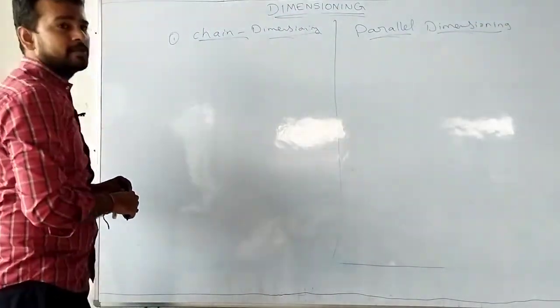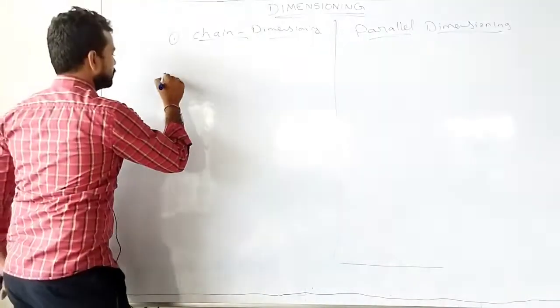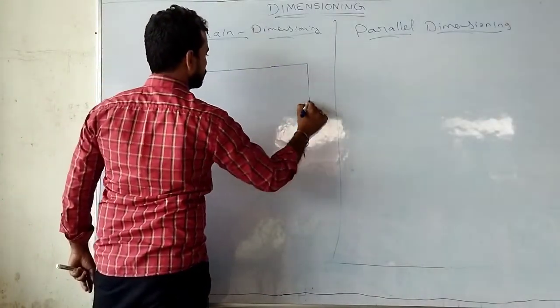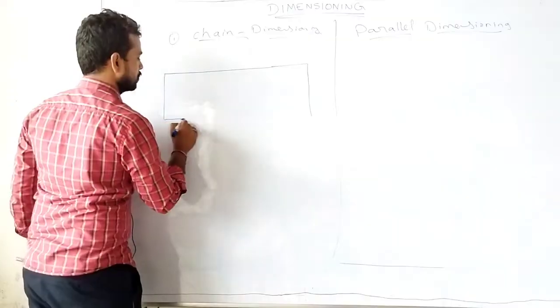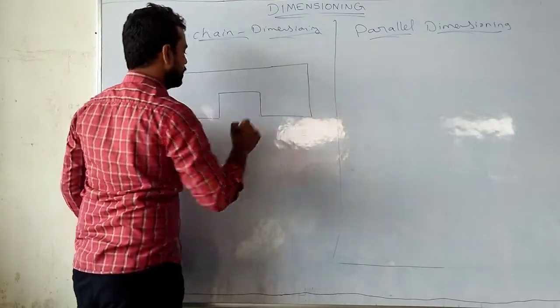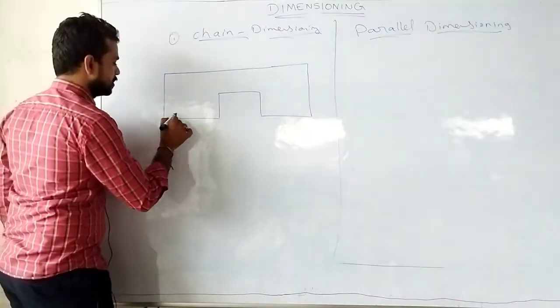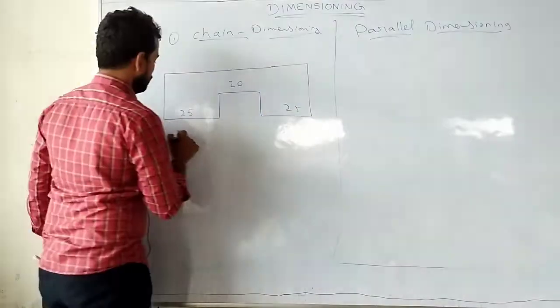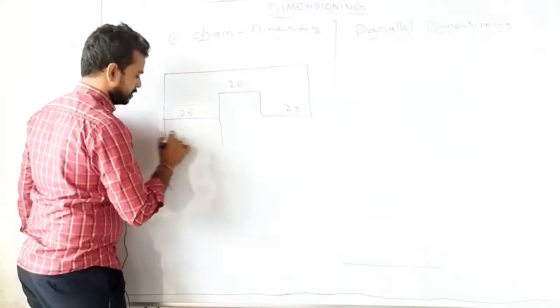So how will the chain dimensioning be? See, suppose this is the, okay. Here the chain dimensioning will be like this. Suppose take it as 25, 20 and 25. Now the chain dimensioning will be like this.